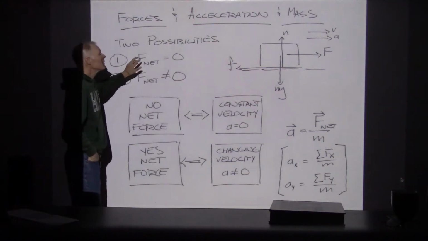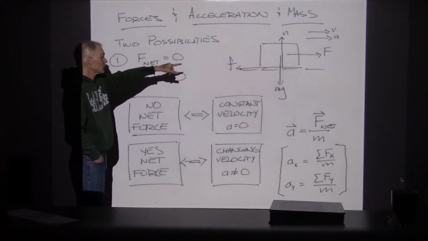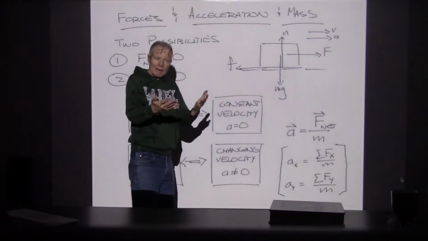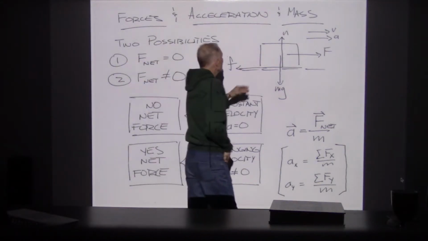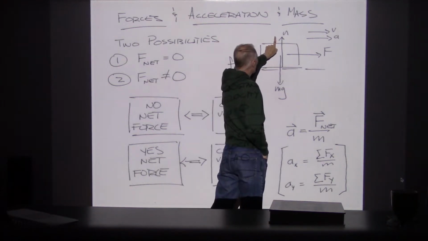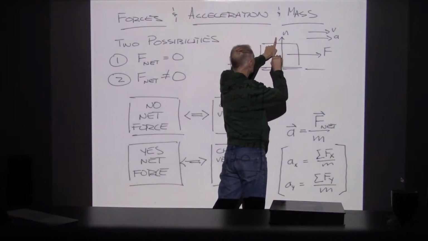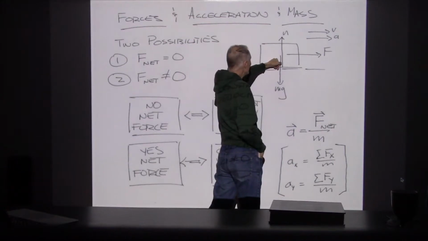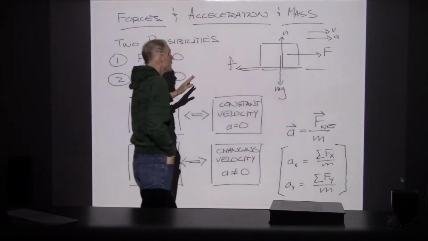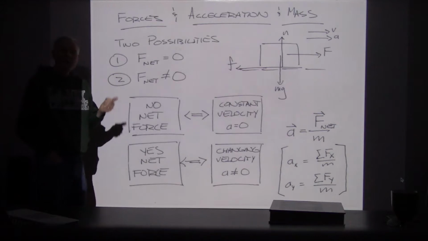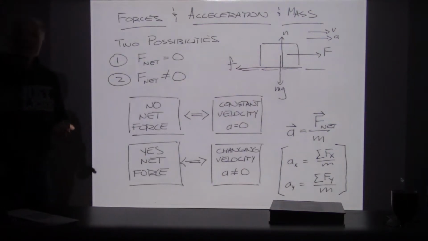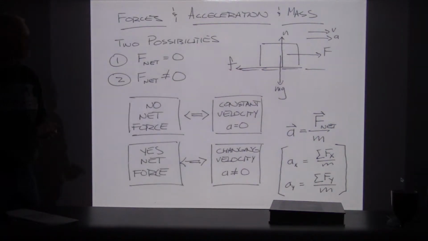That gives me an F net of 0 in the x direction. Now in the y direction, we've got the same thing going on. The normal force is in the positive y direction. Gravitation right now is in the negative y direction. There is no acceleration taking place. That tells us that the F net in that direction has to be 0.